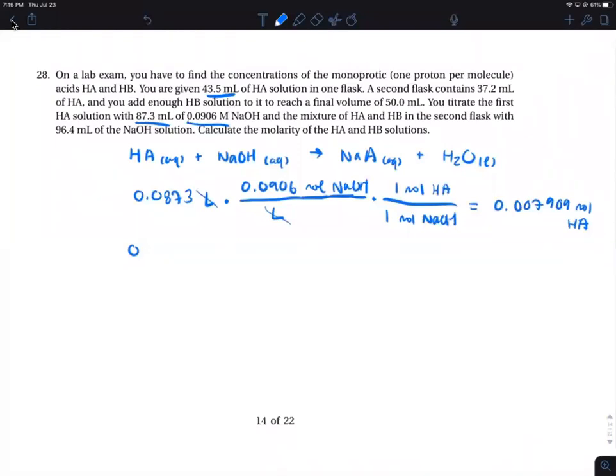Okay, so then from this many moles, we go ahead and find the molarity of HA.